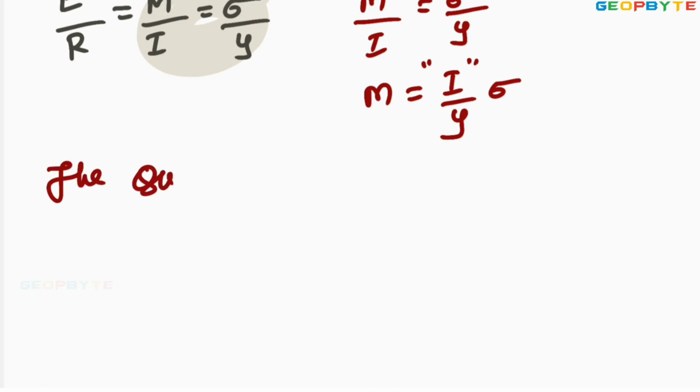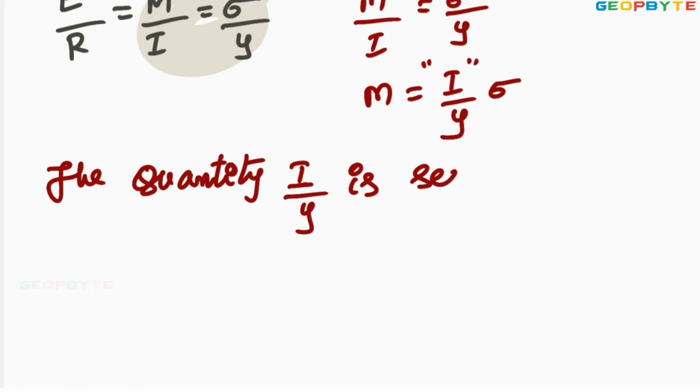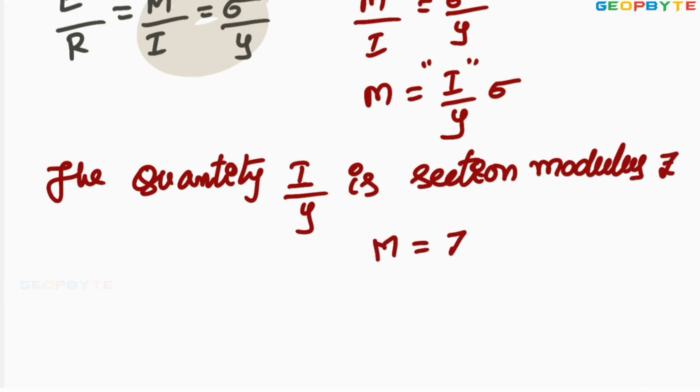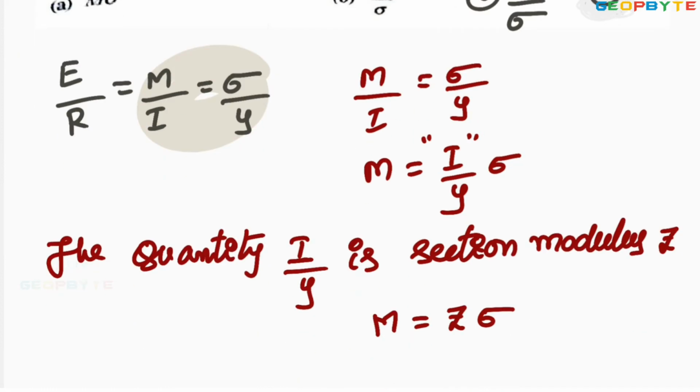The quantity I by Y is called section modulus, denoted by Z. Therefore, bending moment M equal to section modulus Z into sigma. What is being asked? Section modulus.